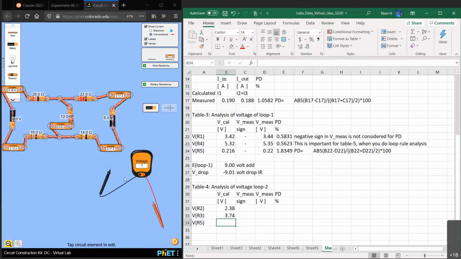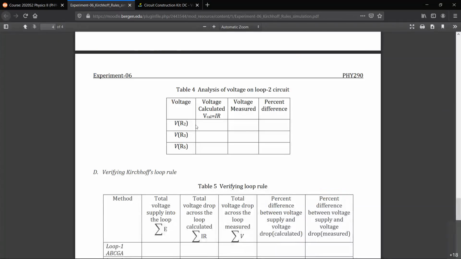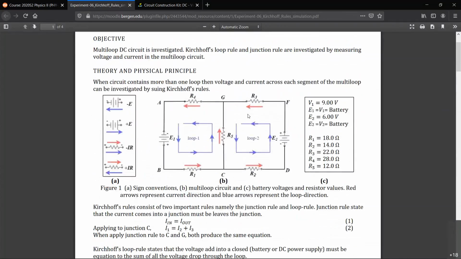Now this is important when you do this circuit, this loop number 2, you're moving from this top edge right here, that is G. Let me show you on our circuit diagram here. That is G. When you do loop number 2, you can see loop direction is G to C. Okay. If you go G to C, that is opposite to current direction I3.